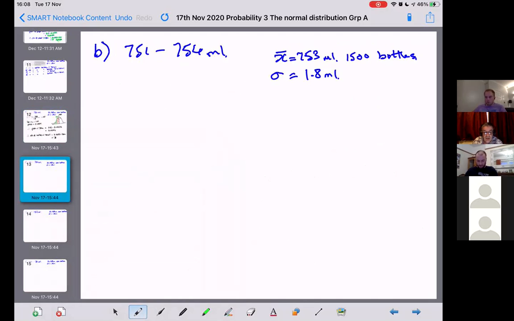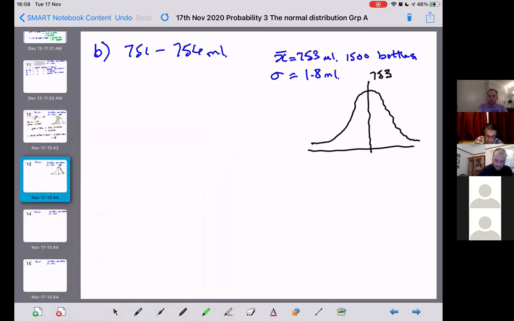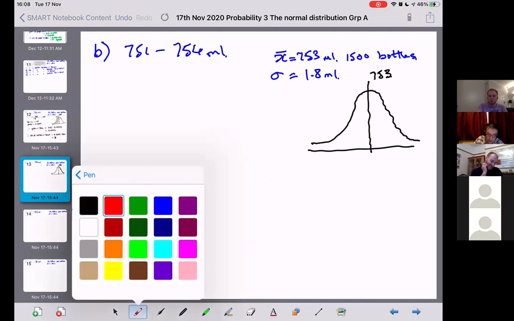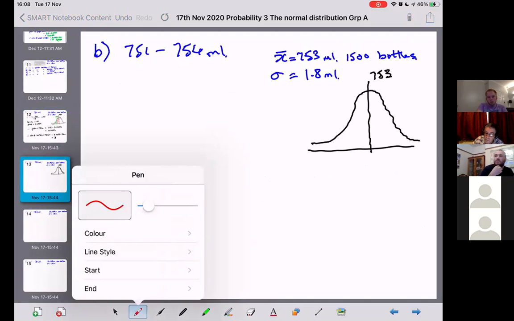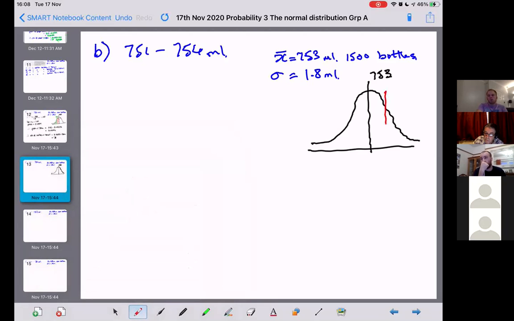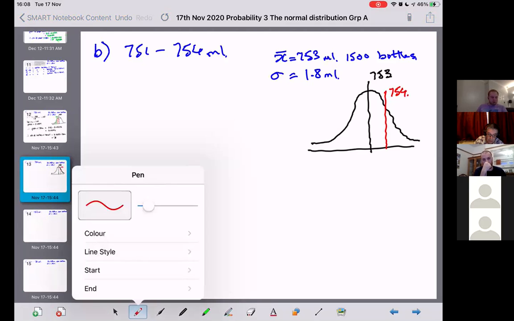So the next question asks us to determine how many bottles lie between 751 and 754. So in this problem, there's our mean, 753. We're interested in the 2 values, the one in red, 754, and the other one in green, 751.